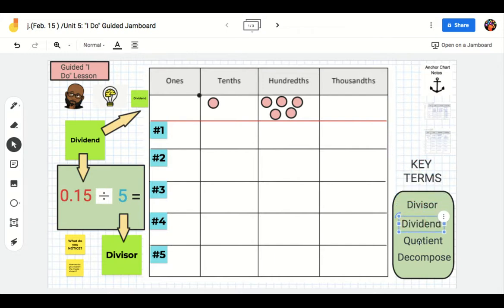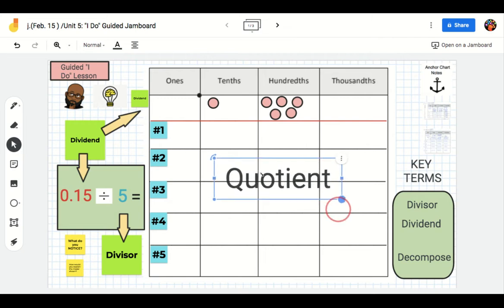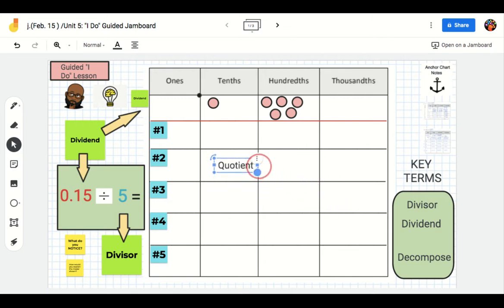Now, how do you get the quotient? How many equal shares is shown? The quotient is what the value equals, either in the number expression or in the algorithm. So let's find the quotient.